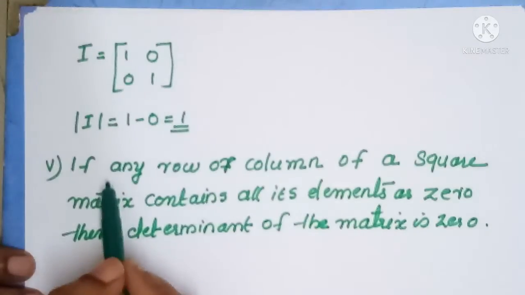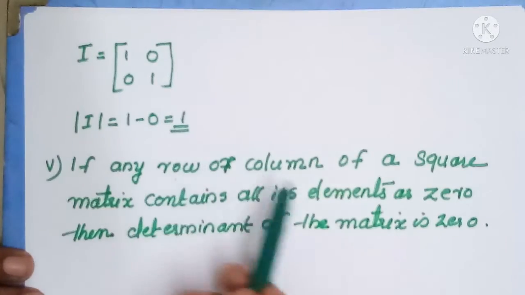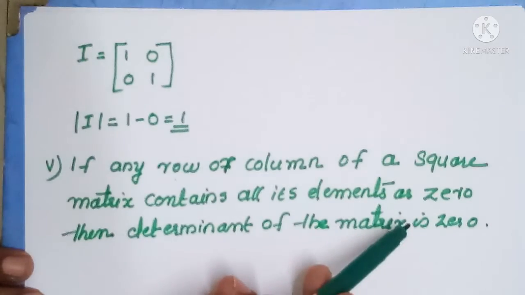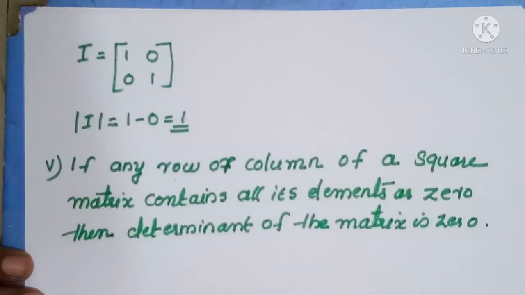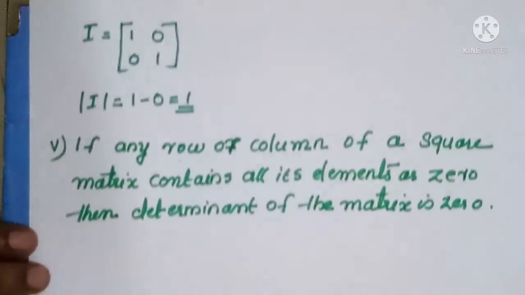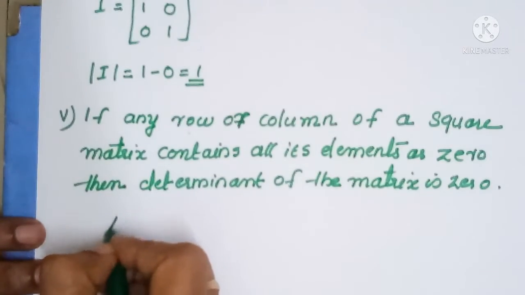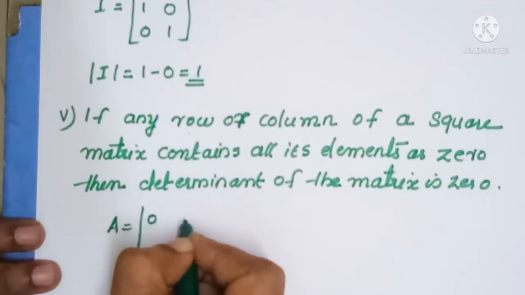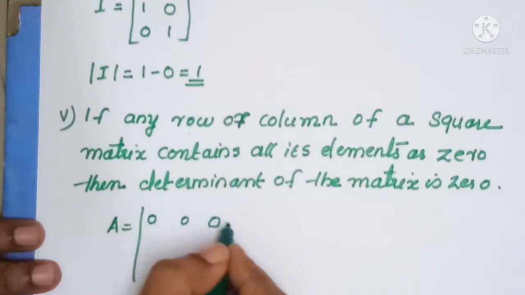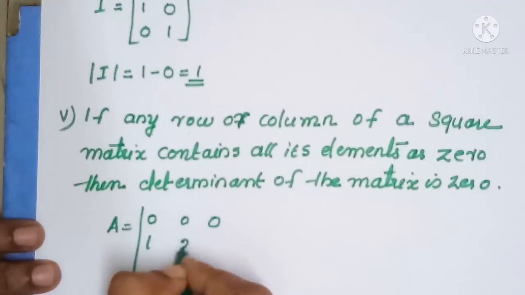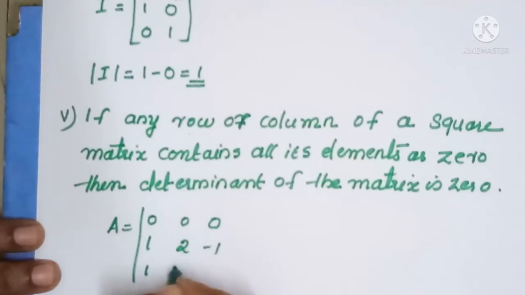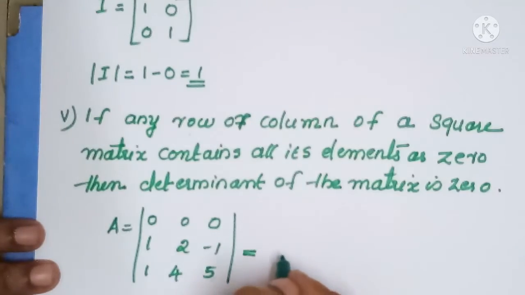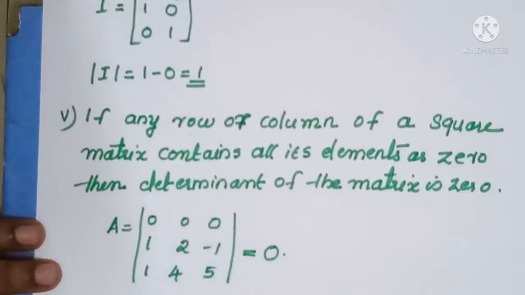Next important note: if any row or column of a square matrix contains all its elements as 0, then the determinant of that matrix is 0. That means we can consider matrix A whose first row becomes 0. All the elements of the first row become 0. Then what is the determinant? It should be equal to 0.